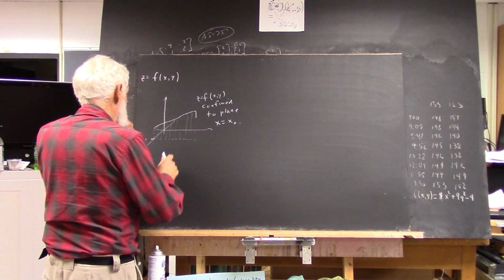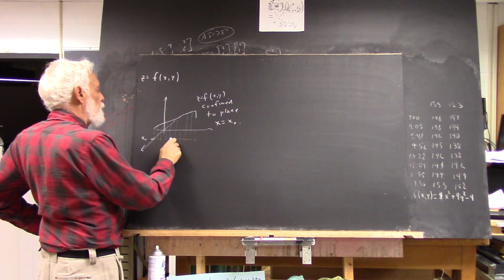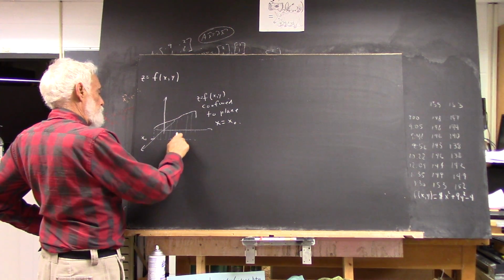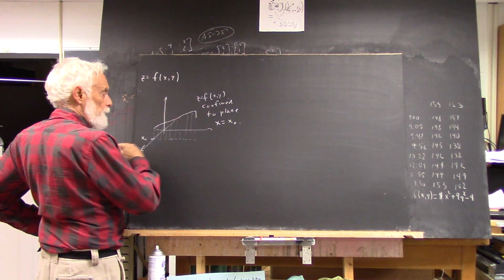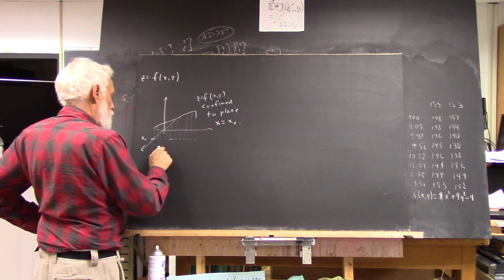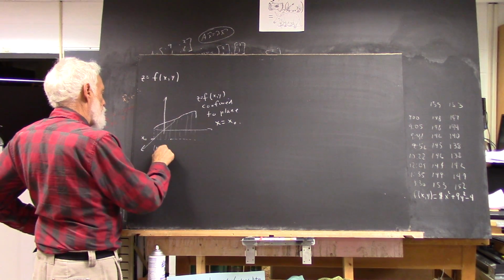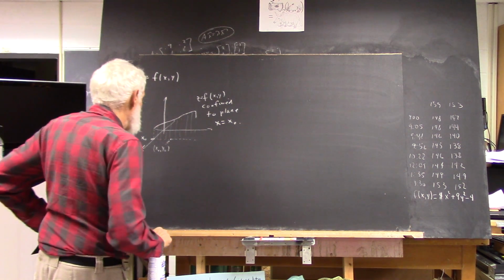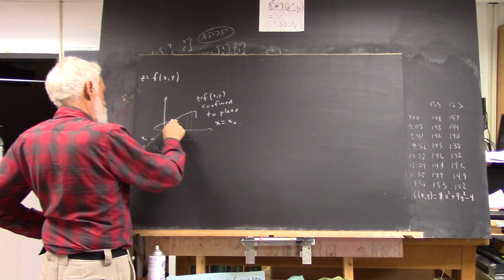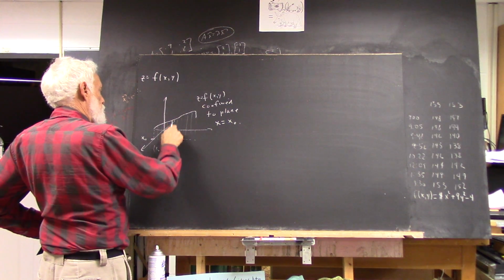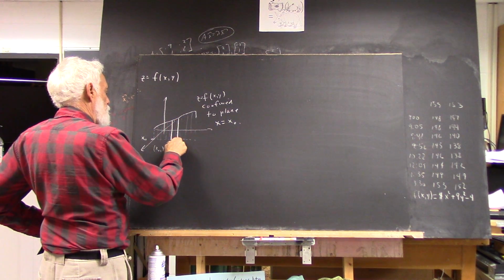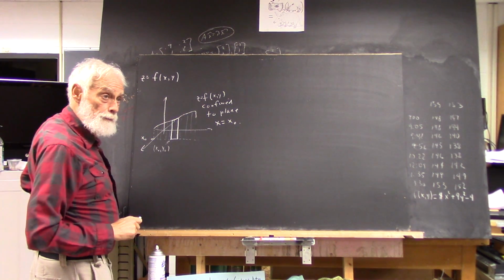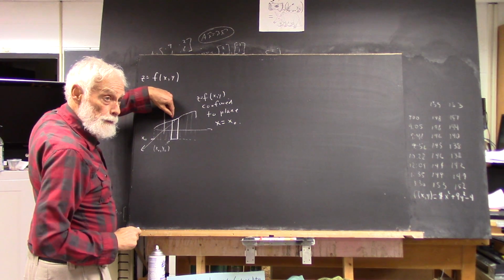Now, if I also pick a value of y here and call it y naught, then this point is the point x naught, y naught. Now I can look at this function in the vicinity of the point x naught, y naught. And now I've got a little curve here.